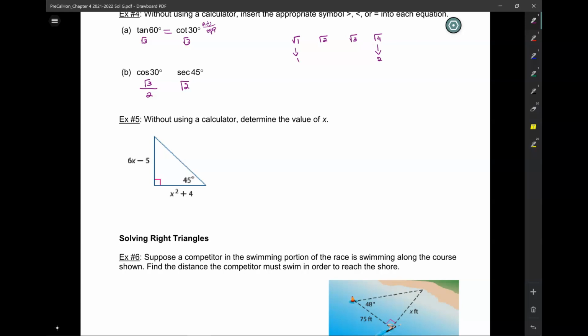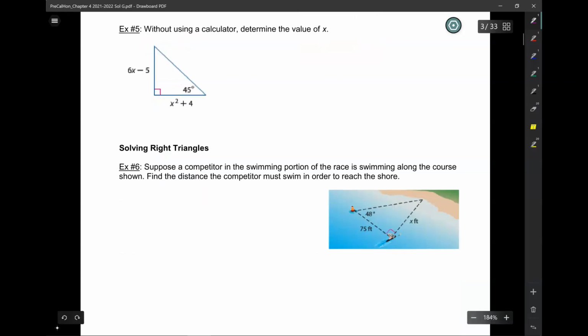Here I have root 3 divided by 2. So what do you think happens to that value? Cuts in half. It gets smaller than the root 2, right? So I know that this is smaller than the other one. See that? No calculator needed. It's not that type of problem, right? Okay. So, one more time, without using a calculator.